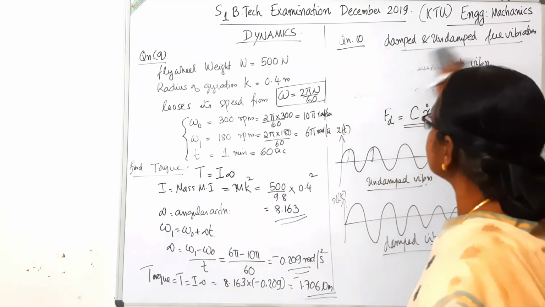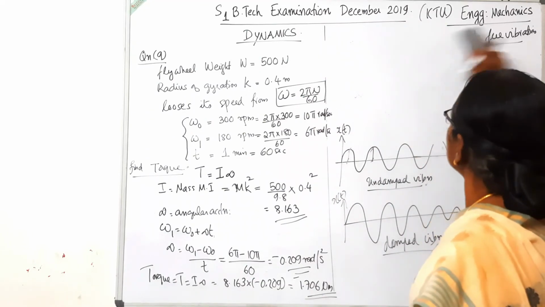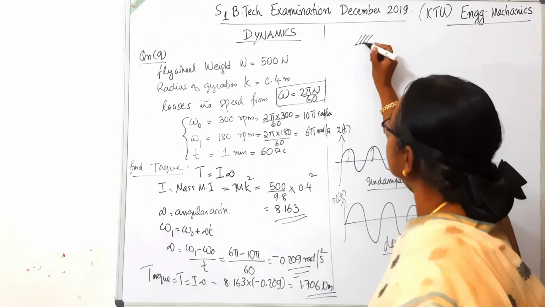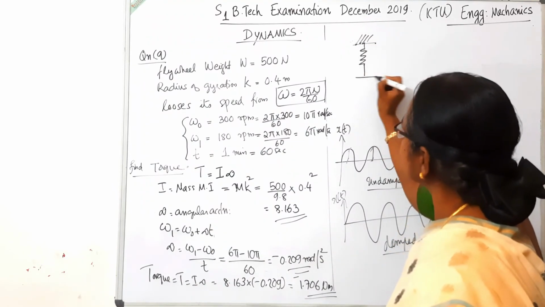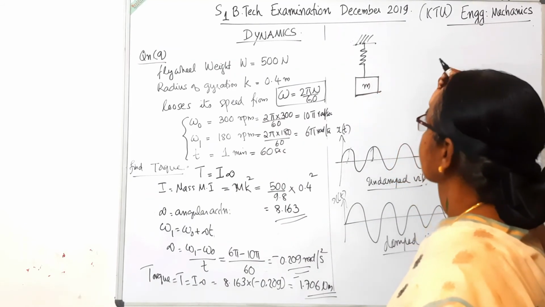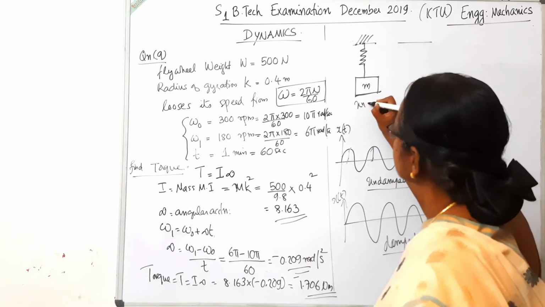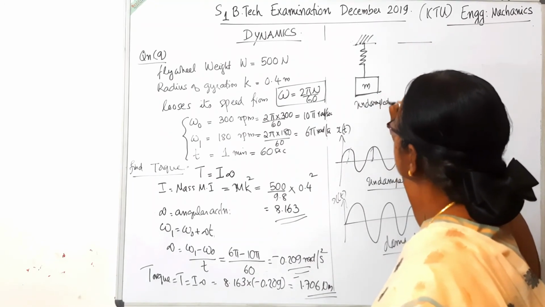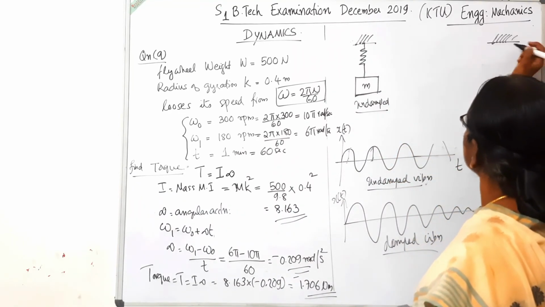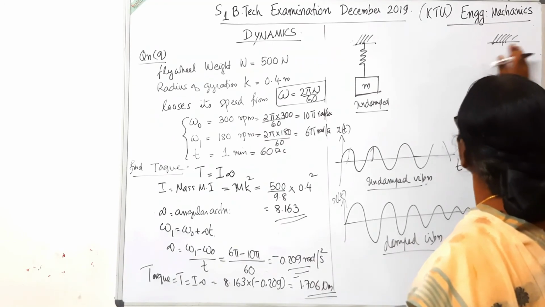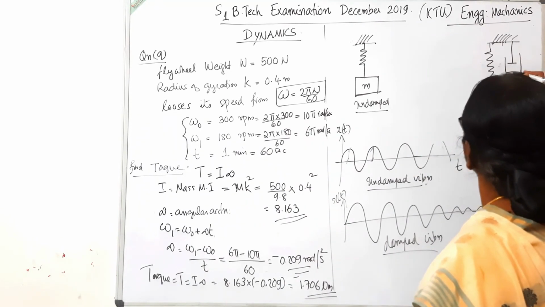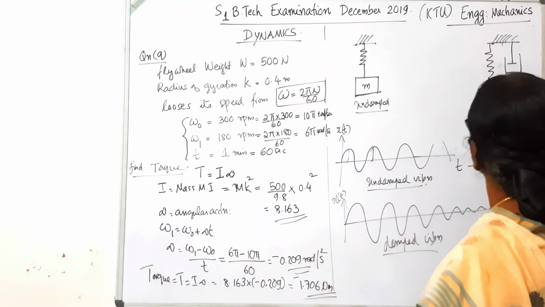And in both these cases, the mathematical representation of the system can be expressed as a mass spring system. A spring is attached to a mass. And the other system, this is undamped. And in the second system, the system with damping, in addition to the spring there will be a dashpot.